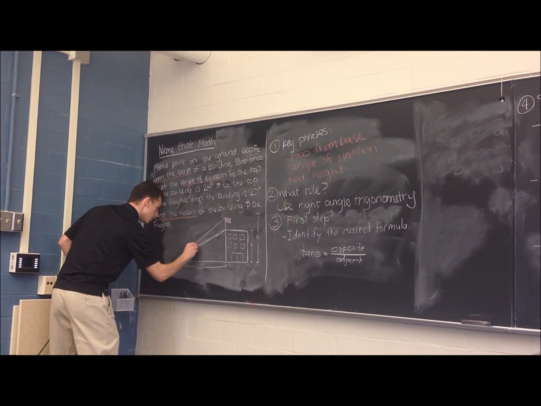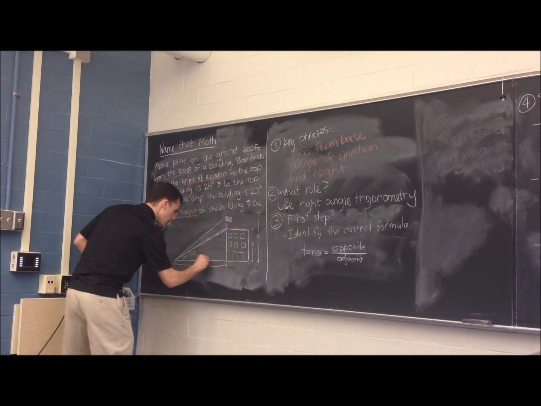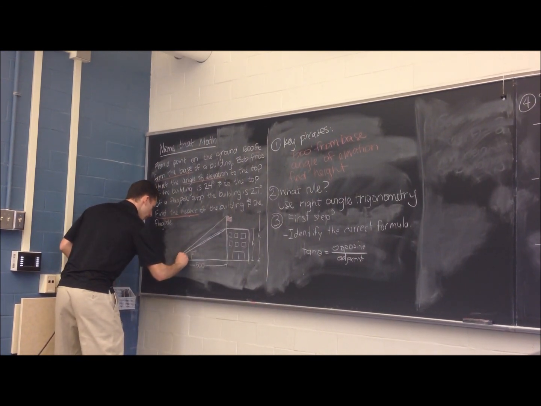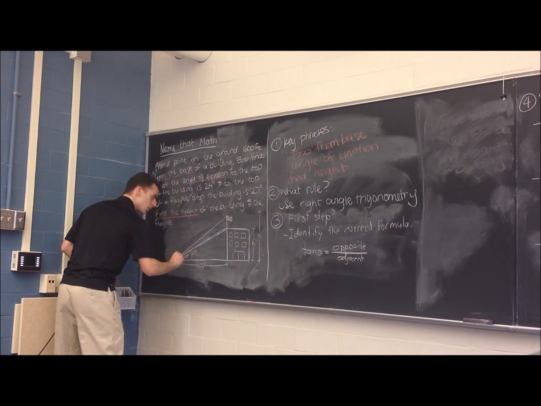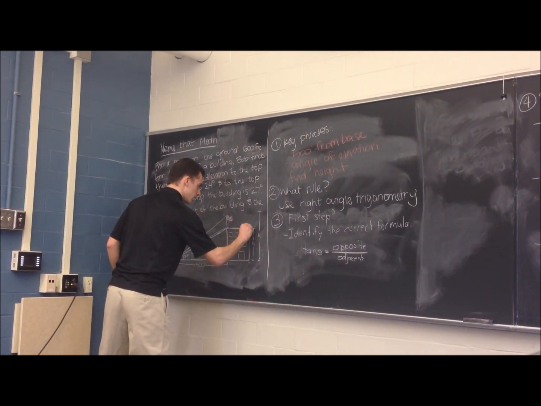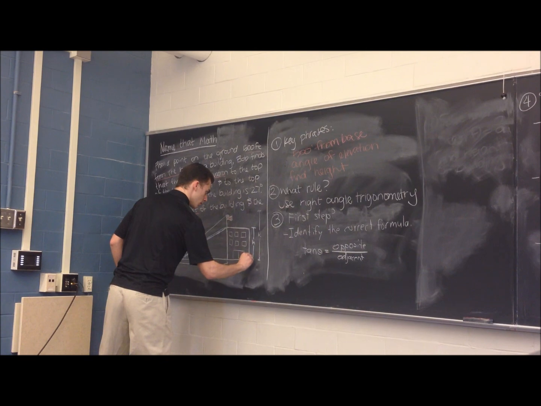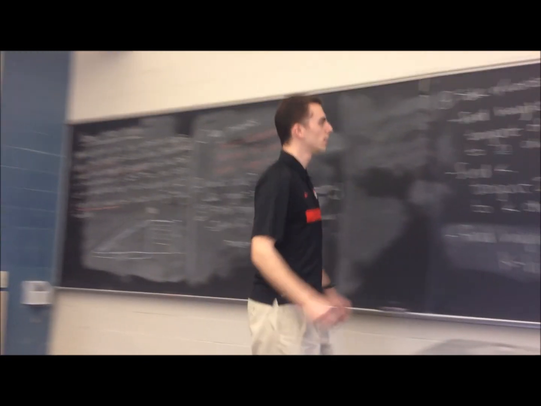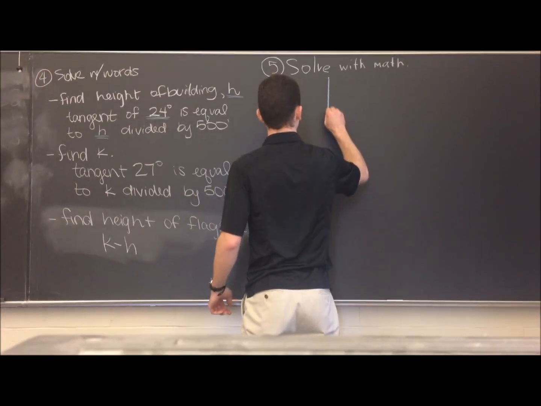So we're going to use this triangle, 24 degrees, and we're finding h. Everybody see that? Awesome. So let's redraw that right over here now.